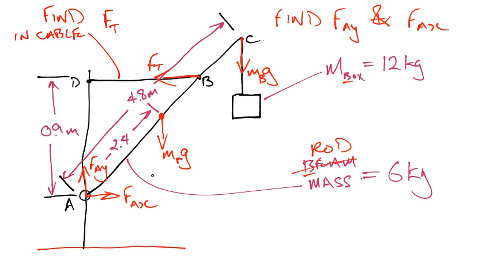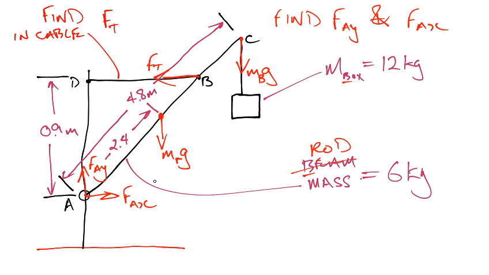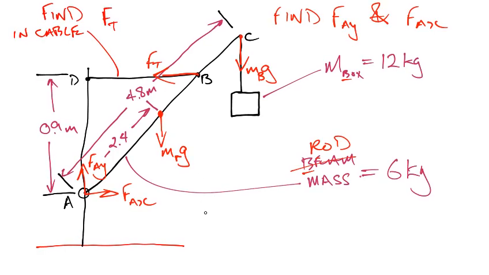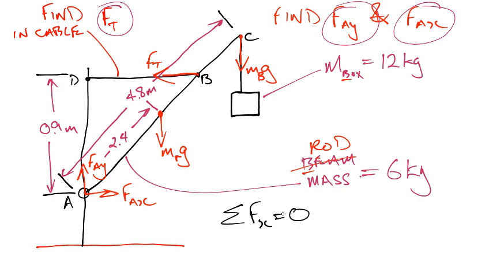Now, we've got 3 equations to solve this problem. We need to find 3 things: 1, 2, 3. And we have 3 equations to do it. We have summation of the forces in the x direction must equal 0. Now, how many forces do we have in total? 1, 2, 3, 4, 5.